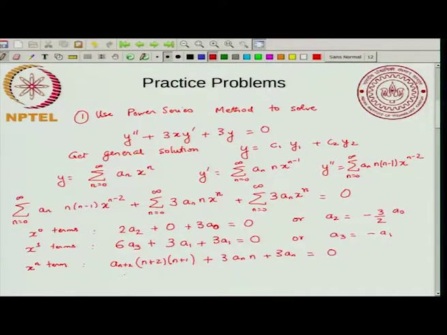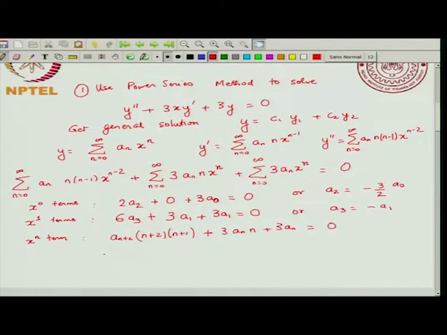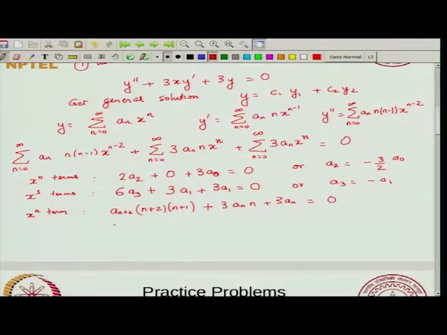Or you can write a recursion relation using this. You can write an plus 2 is equal to minus an times 3, times n plus 1 divided by n plus 2, n plus 1.